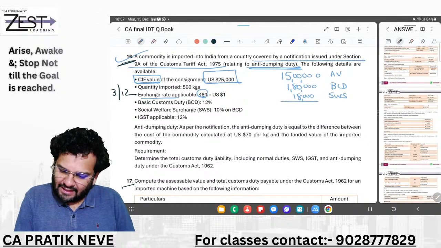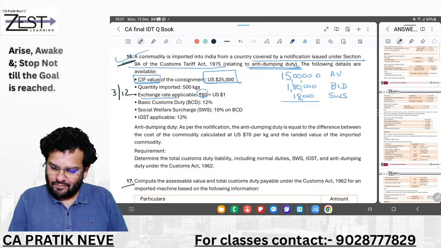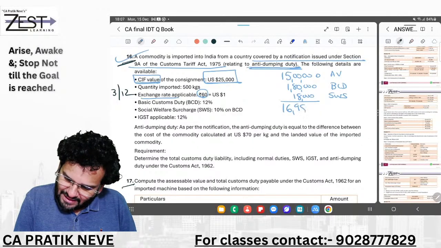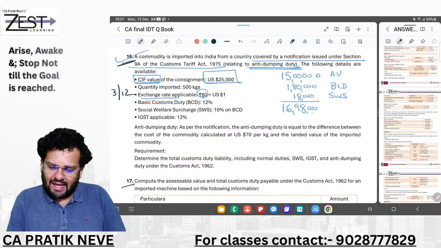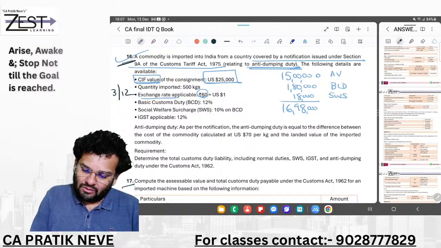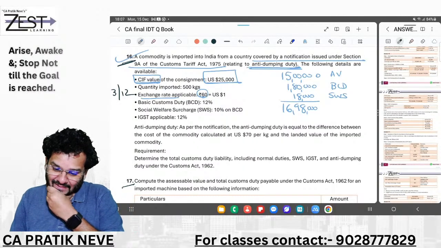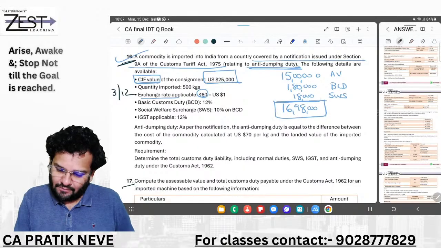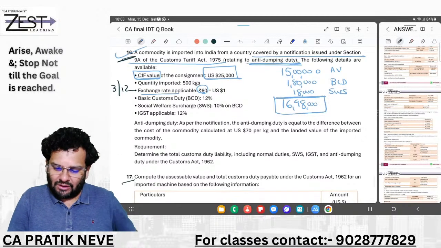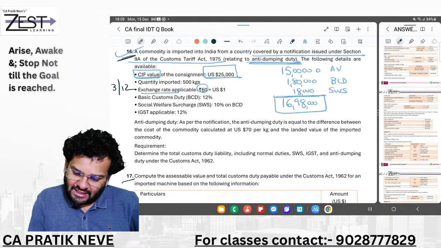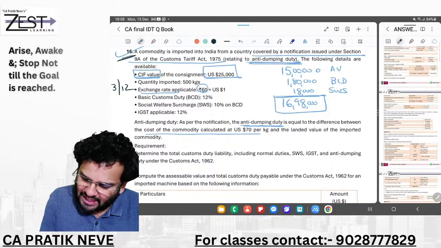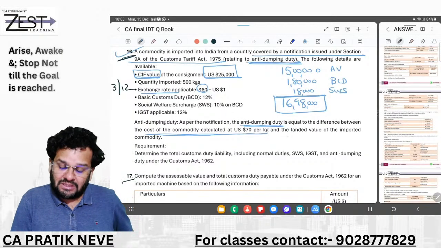So friends, calculate. You are going to get 16,98,000. This 16,98,000 is not the assessable value; it is the cost of landed goods, the landed value of goods. Now, as per the notification, anti-dumping duty is equal to the difference between the cost of the commodity calculated at $70 per kg.